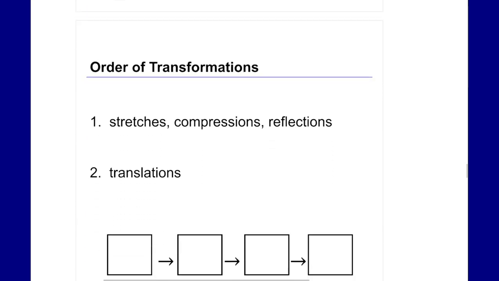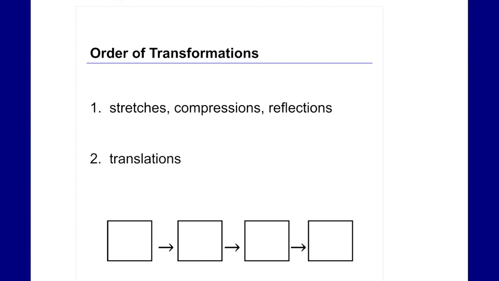Now, when we're dealing with transformations, we want to make sure that we do it in the correct order, because that will help find our new values. When we're doing our transformations, we want to do any stretches, compressions, or reflections first. So any changing by a factor or reflection, we want to do that first, and then we do our translations.